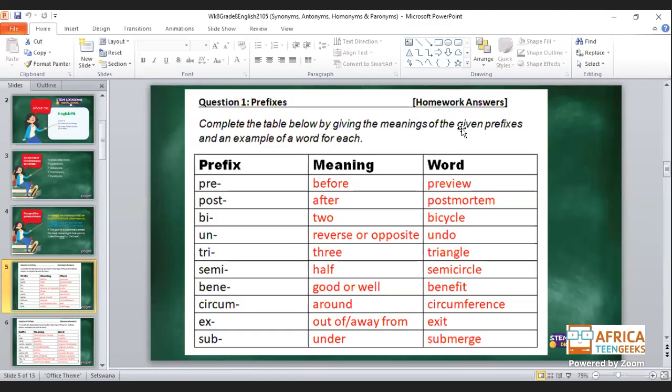You remember that? So there they are. For just a moment, I will leave this on so you can all take a screenshot. So these are the answers for those prefixes.